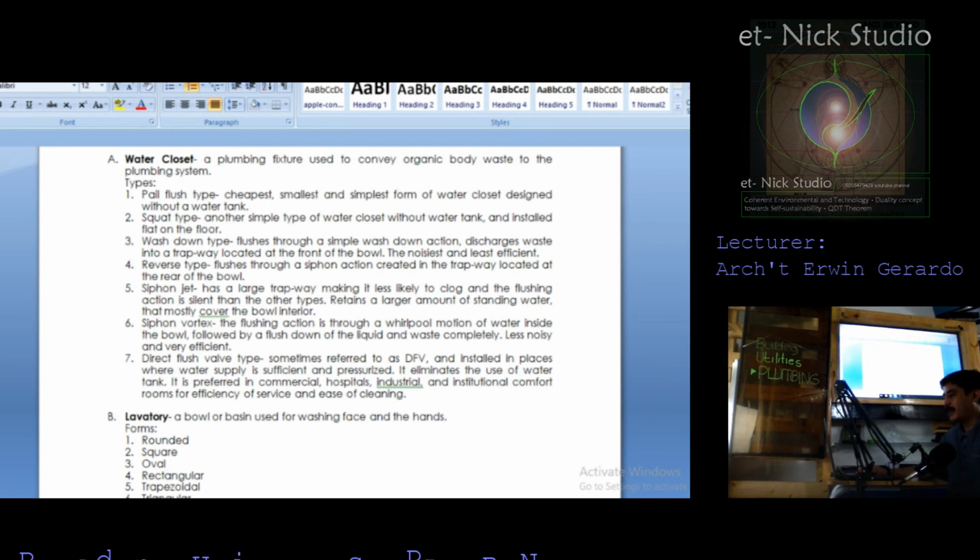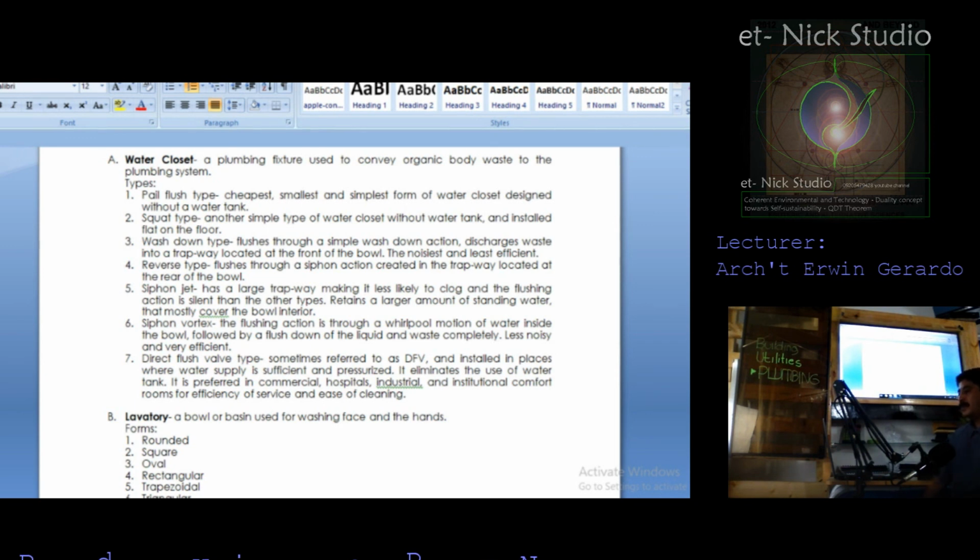Siphon jet has a large trapway, making it less likely to clog, and the flushing action is more silent than the other types. It retains a larger amount of standing water that mostly covers the bowl interior.